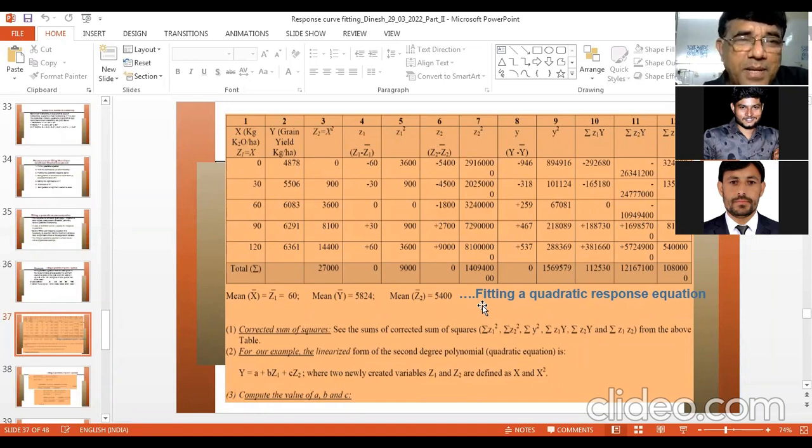The Fisher and Yates method of fitting this quadratic equation is very easy. But now people are not using it; they mostly use Excel or software to calculate this. But we should know some fundamentals or background of the theories. So, is there anything in this table that is not understood?